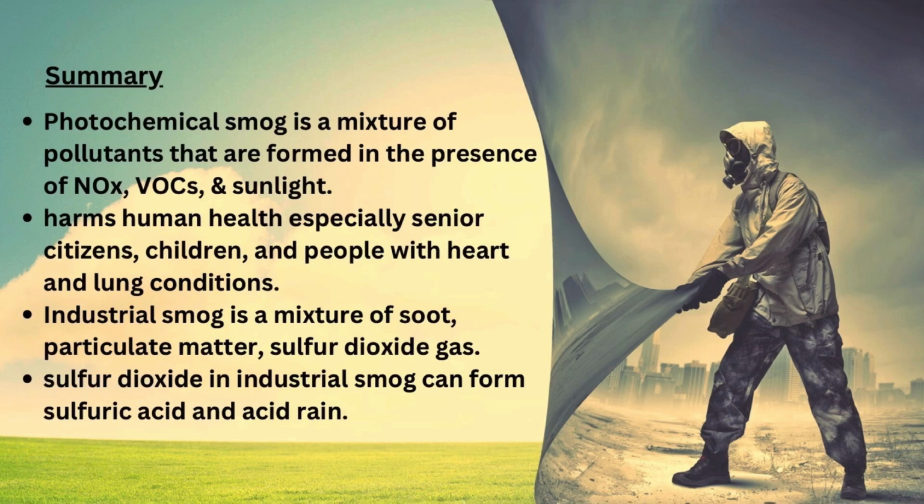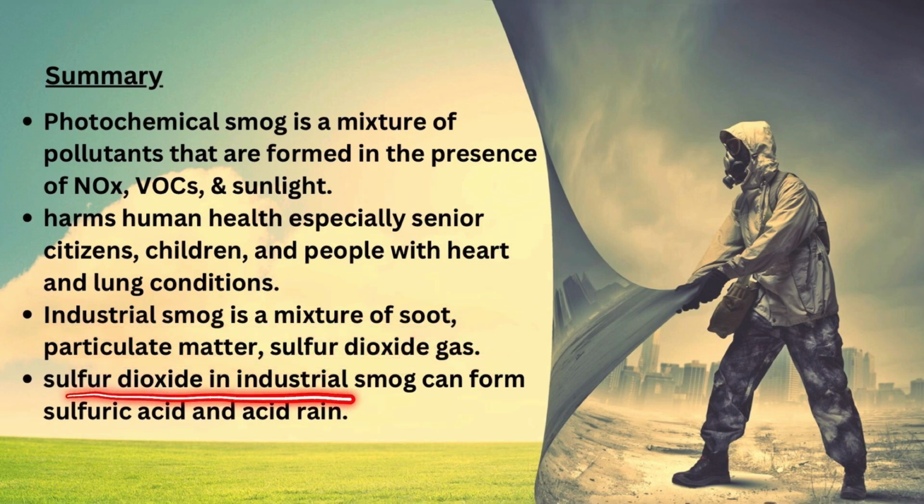The harmful effects of the smog on human health are mostly felt by senior citizens and children, and also people with heart and lung conditions. On the other hand, industrial smog is a mixture of soot, particulate matter, and sulfur dioxide.